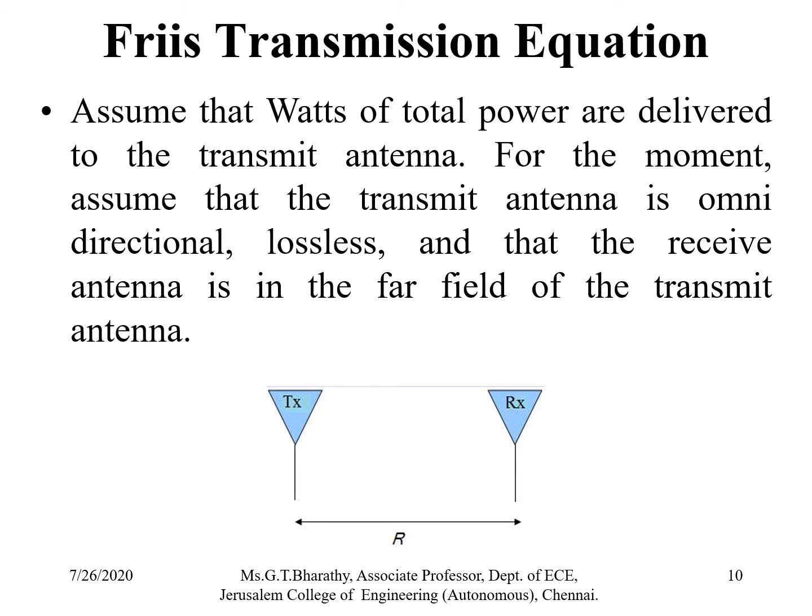This is a diagrammatic setup for deriving the Friis transmission equation, where we assume that the transmitting and receiving antennas are directional, omnidirectional and lossless, and they are kept at a distance r. We also assume that the receiver is kept in the far field region of the transmitting antenna.